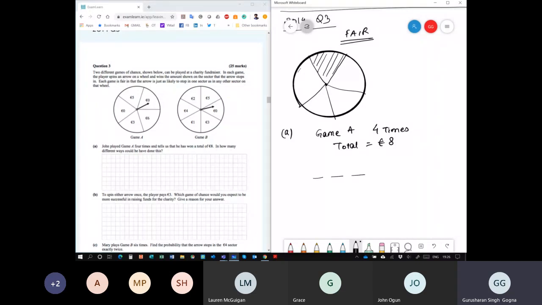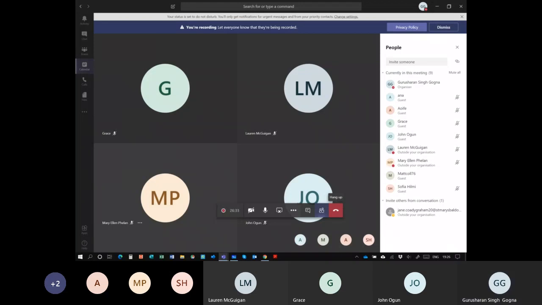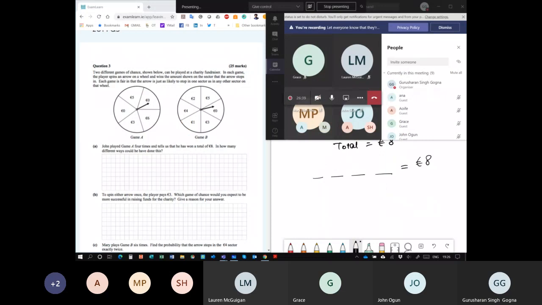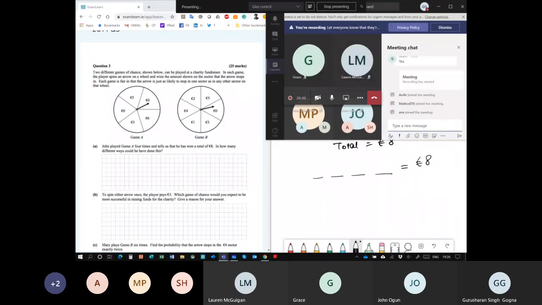So you spin and you got 4 chances, and the total amount you should win is €8. So how many different ways are possible? Anybody can guess? What are the different ways John can win €8 in total?